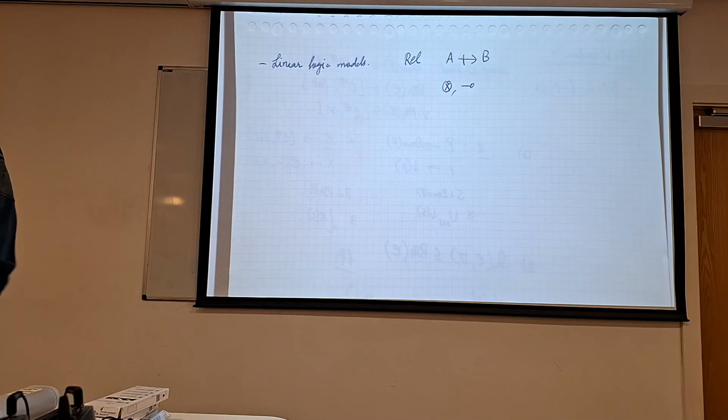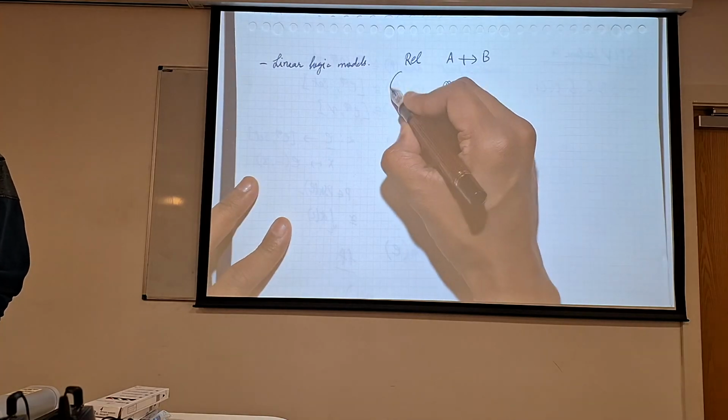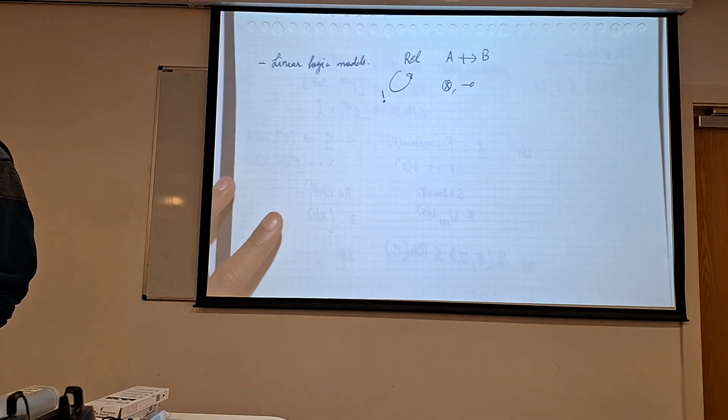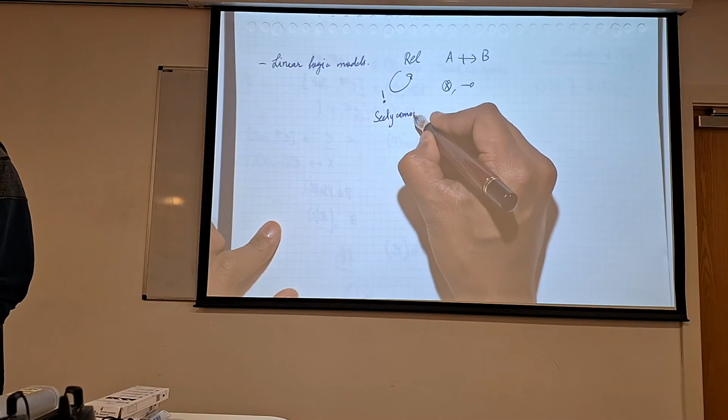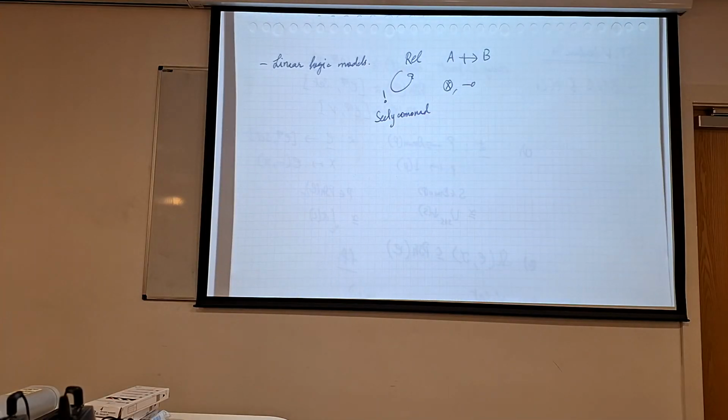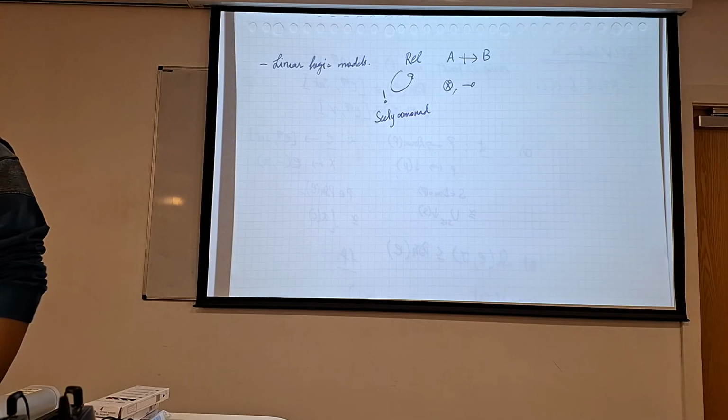So if you give me Rel, there's a way to build a comonad called a Seely comonad on Rel, which turns linear maps into intuitionistic or nonlinear maps.